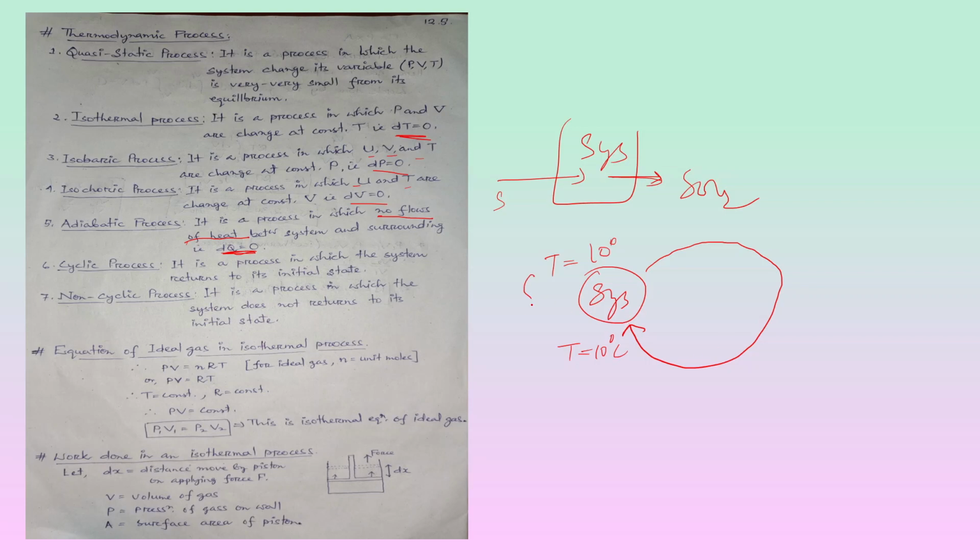That process is called a cyclic process. And when there is a difference, first 10 degrees celsius, then after some time it is 8 degrees celsius, that means it is not equal to its initial state. That means this is a non-cyclic process.